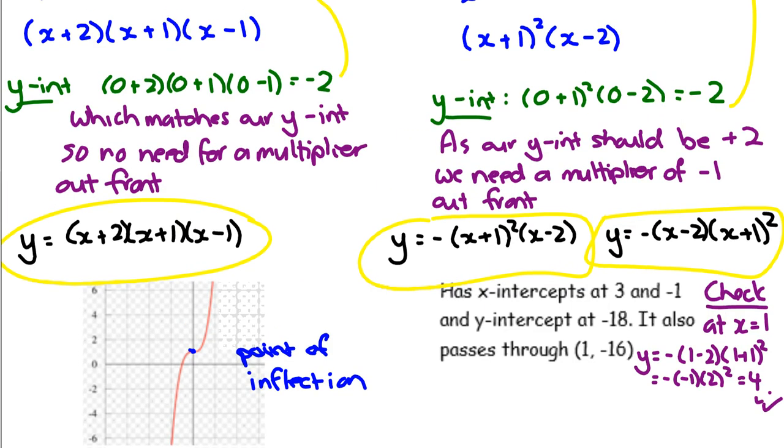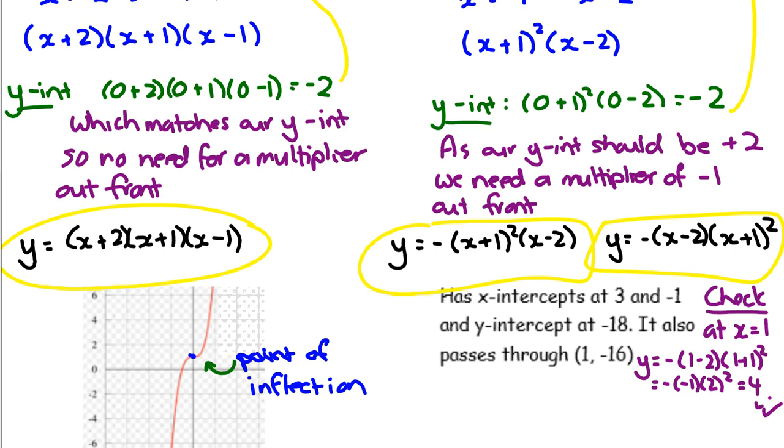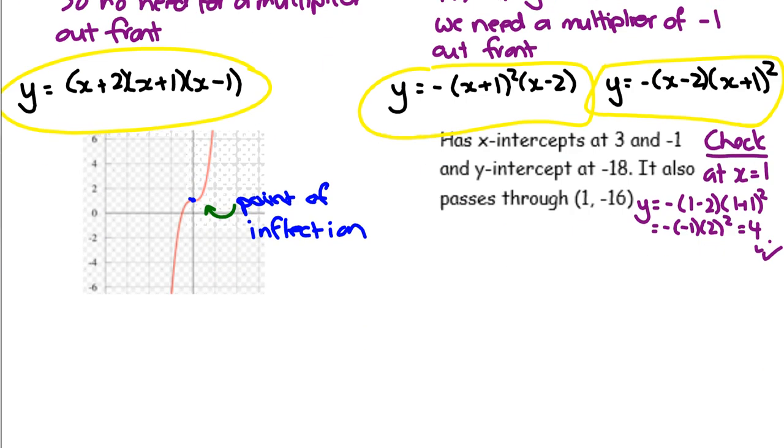It's in the form of y equals x cubed, and it's going up like this, not going down like that. So it's positive x cubed, otherwise it'd be negative x cubed.